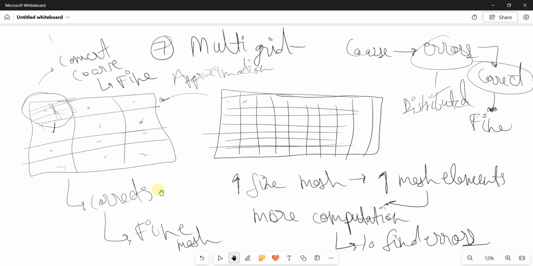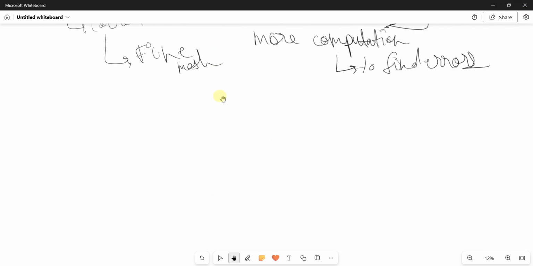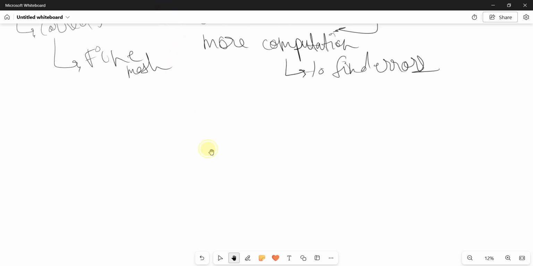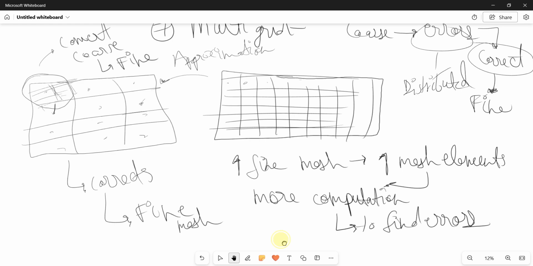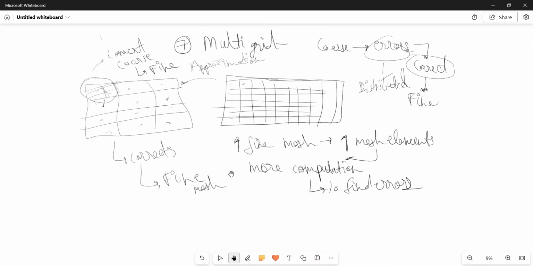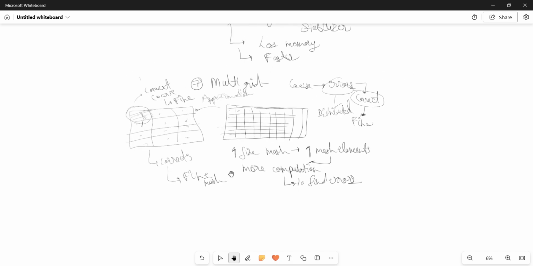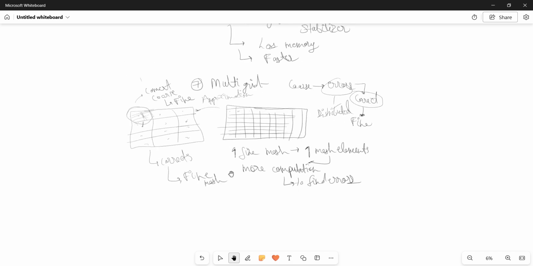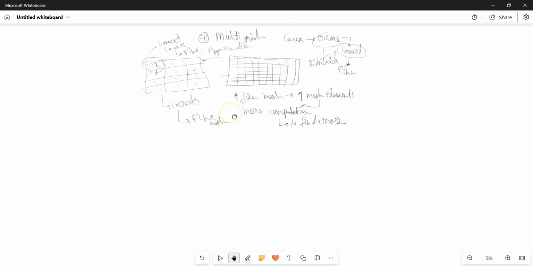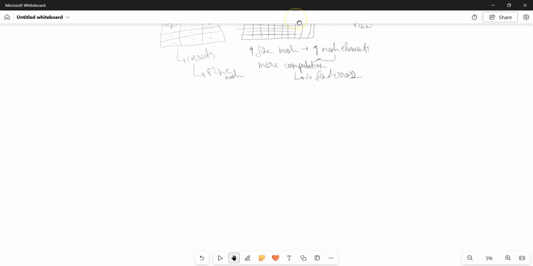So now there was one problem with multigrid. Again, converting it into a bigger mesh would take time, physically, if you're doing so. But also the good thing about multigrid was that it reduced the convergence time dramatically, drastically. So the engineers couldn't give up on this idea. So what they did is just think logically.